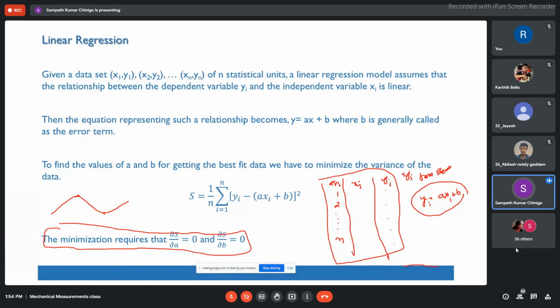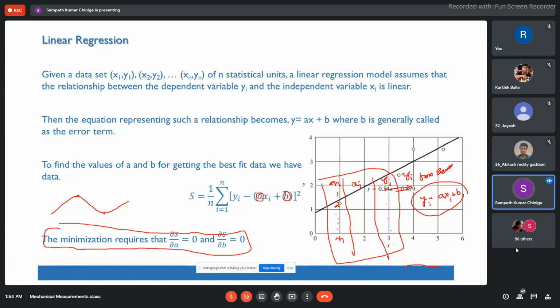So I'm trying to find this minus this, which is nothing but axi plus b, and I'm trying to figure out what a is and what b is. It can be any fit, but when will the best fit come? When the derivative of the standard deviation with respect to a and with respect to b is 0.